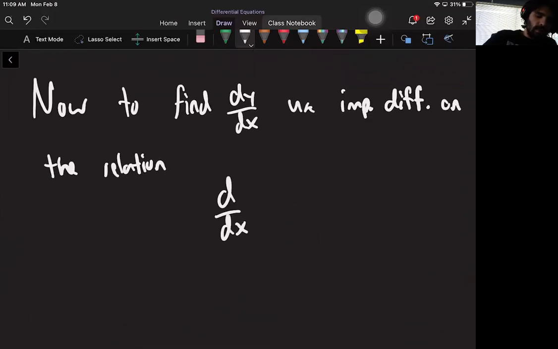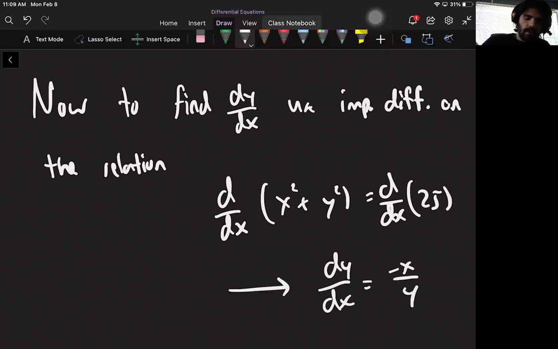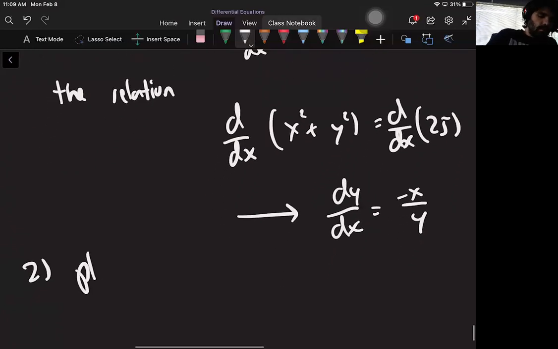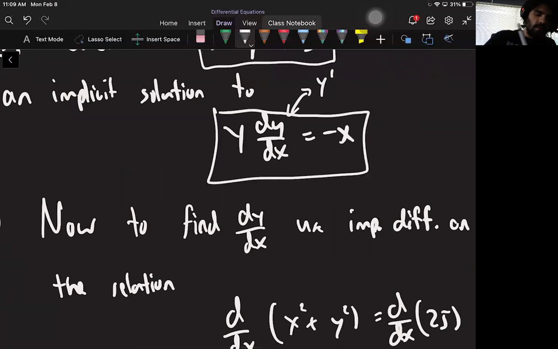Okay, so it should be very familiar by now because it's the same one that I've been using. And what you'll end up getting is that dy dx equals negative x over y again. Okay, I'll save some time. And then I'll plug it in to the differential equation to see if this is true.